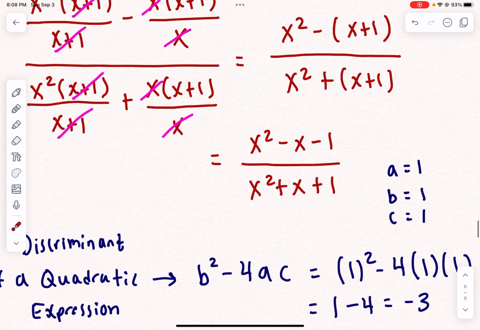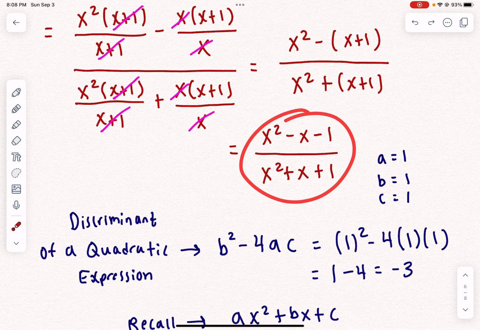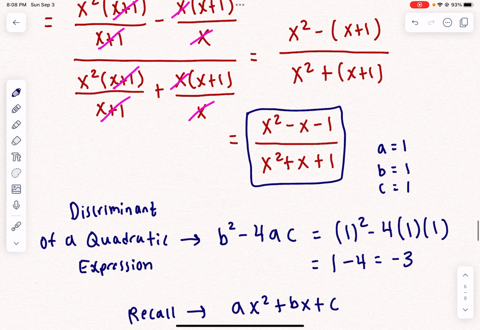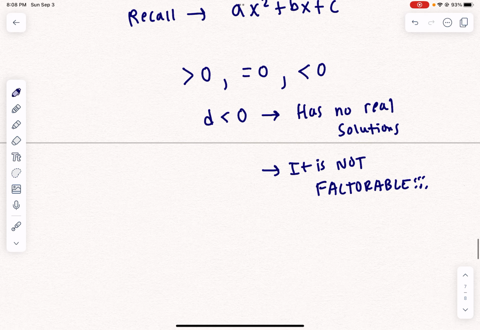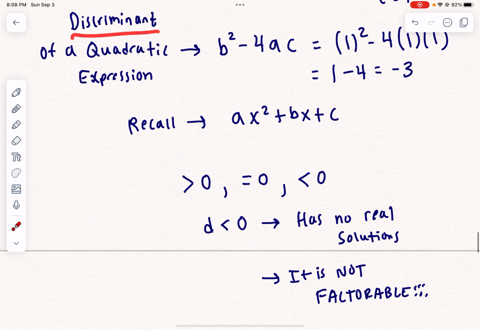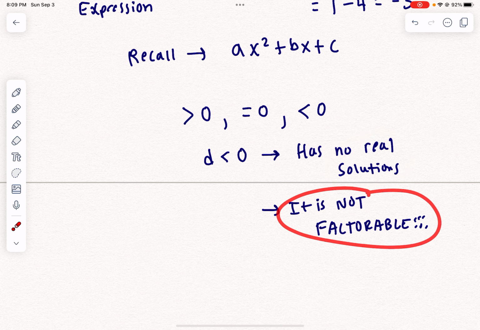So if you go back to our algebraic expression, this would actually be our final answer. And just an FYI, this is also going to be very important. Once again, if your discriminant is less than 0, you'll have no real solutions, and because of that it isn't factorable.